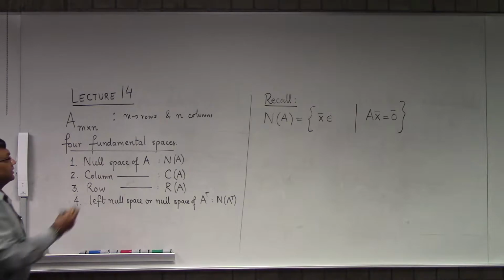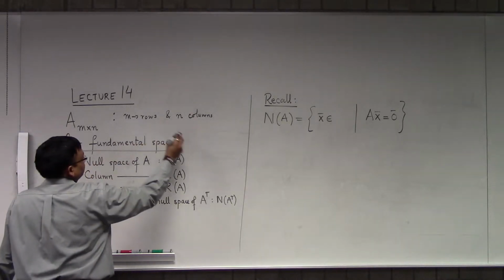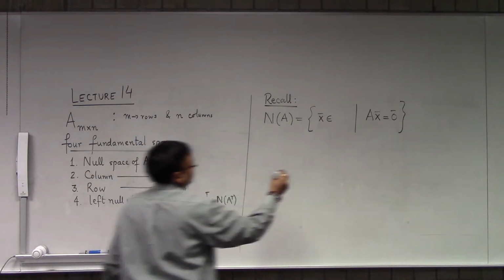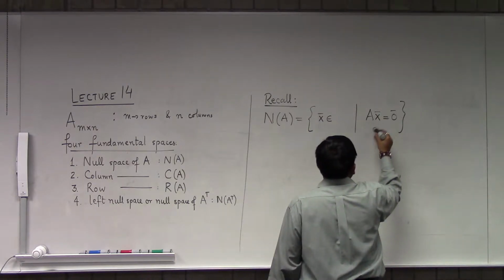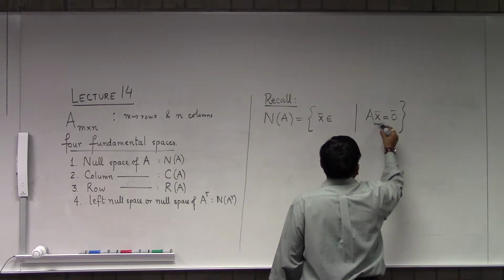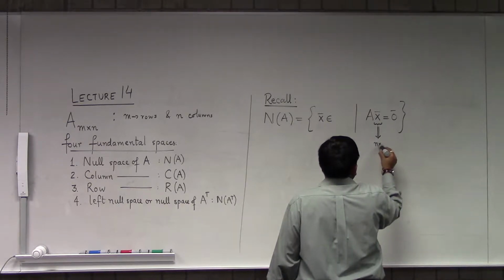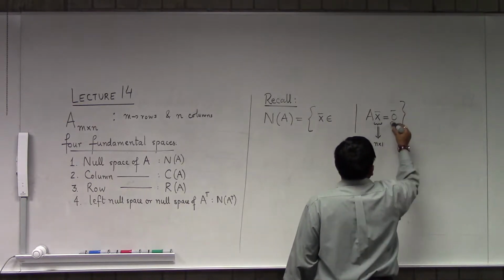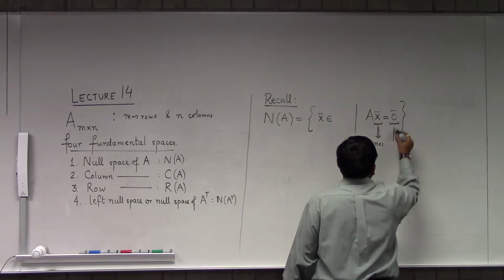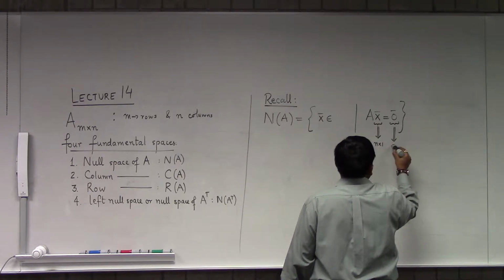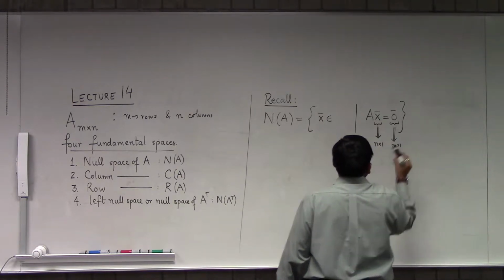So the thing is, when we say A is m by n, this vector x must be of the size n by 1, and this vector 0 would be of the size m by 1.